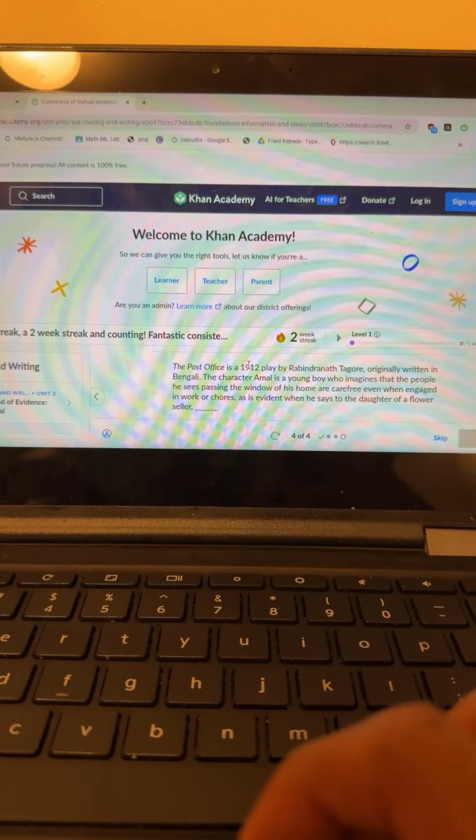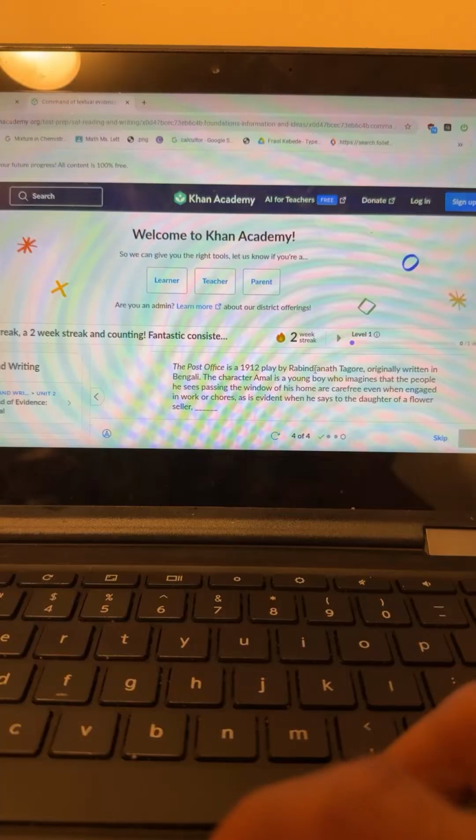The Post Office is a 1912 play by Rabindranath Tagore, written in Bengali.